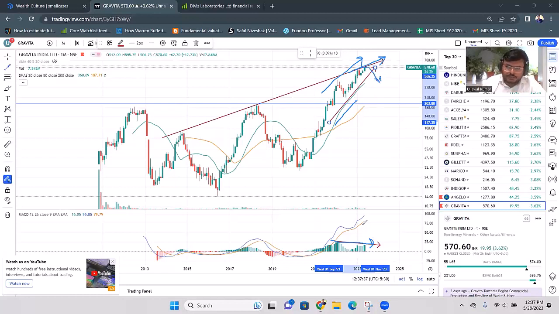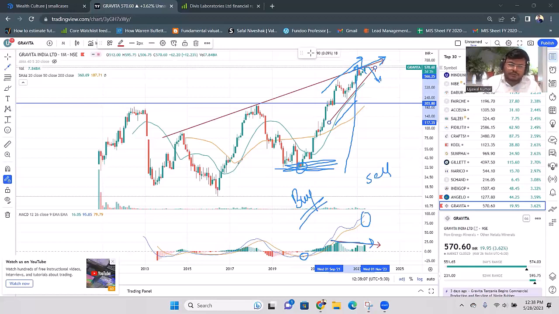And so I'm watchful. I am yet to see a crossover in terms of my MACD, but it did tell me that this was a good time to buy Gravita India, right? So almost at the bottom, this was a chance for me to buy, and then ride all the way from here to here. I'm yet to see a sell, but again, not a price to buy, right? So that's the last concept.